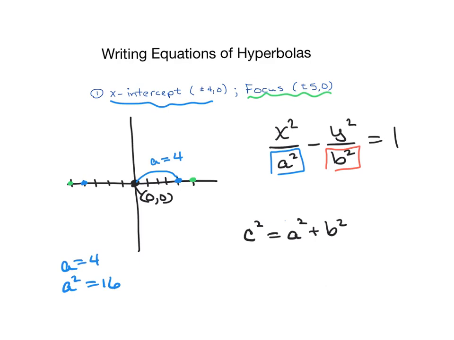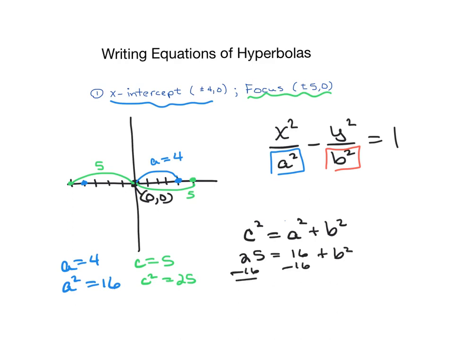Now I can find the value of c. C is going to be the distance that the focus is from the center. And I can see that it's 5 spaces away, either from over here or from over there. Either way, it's 5 spaces. So if c equals 5, then c squared equals 25. So let me go ahead and plug that into this formula. 25 equals 16 plus b squared.